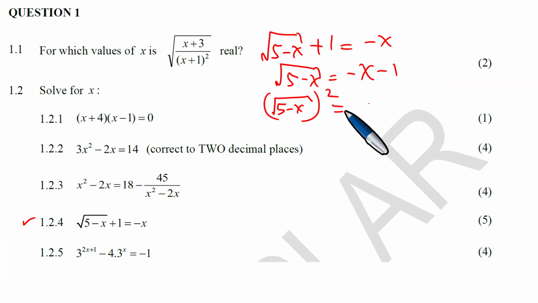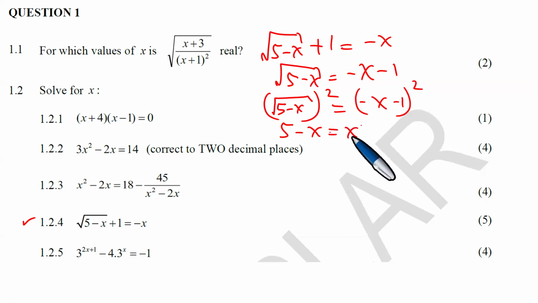We square the left and we square the right so that we have 5 minus x. If you square minus x, you have x squared. You multiply this by that, multiply by 2. And minus x times minus 1 gives us plus x times 2, giving us 2x plus 1, plus x squared.